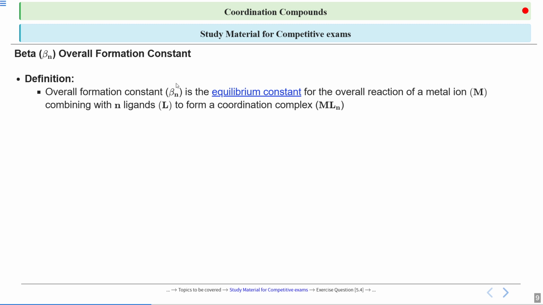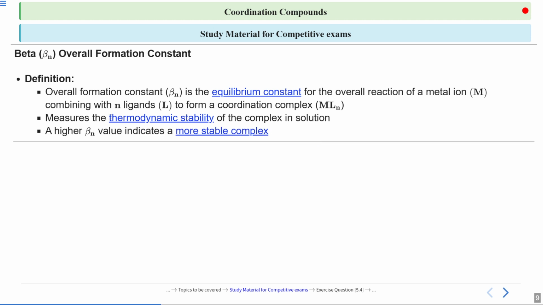Okay, and this beta n, which is the overall formation constant, is our equilibrium constant for all the steps included in the overall reaction of the metal ion with the n number of ligands one by one to form the coordination complex MLn. It measures the thermodynamic stability of the complex in the solution.